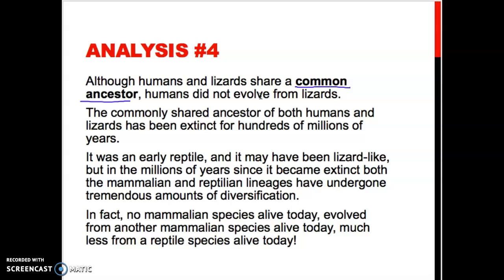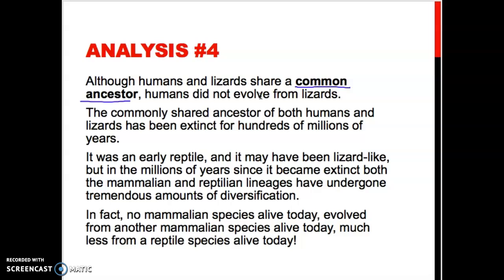In fact, any mammal alive today evolved from another mammal that's not even here anymore. So like humans evolved from another human-like mammal that went extinct. It's not around anymore. And horses evolved from an earlier horse, but they're not here either.